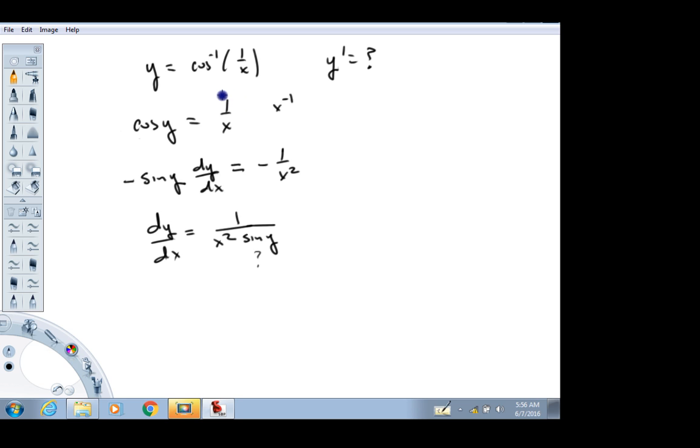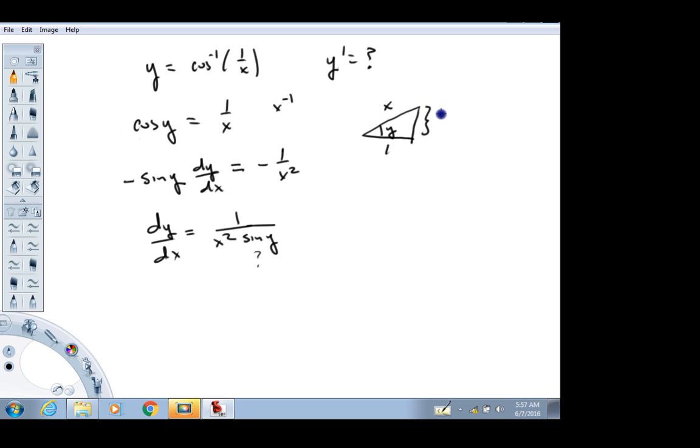Well, we can use this to draw a nice little triangle. In this equation, y is some angle, and the cosine of y is equal to 1 over x. Remember that cosine is adjacent over hypotenuse. So in this triangle, this would be a 1, this would be an x. And now what we have to find is this side here.